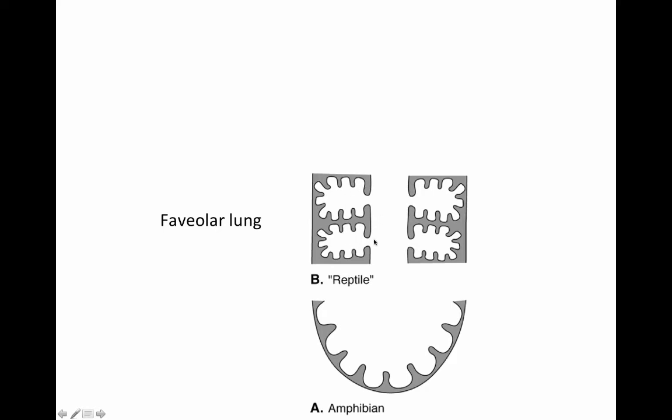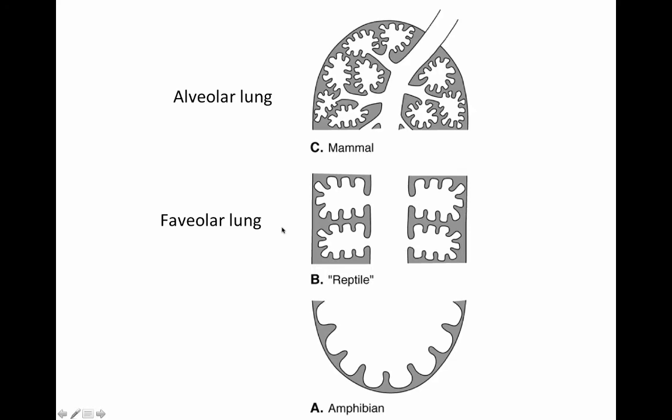This increases all the way up to birds that have a highly elaborated faveolar lung with tiny, tiny little air capillaries, networks of little air capillaries that are the result of more and more elaborate folding of this simple sac-like structure. What we see in the synapsid lineage is something called an alveolar lung.